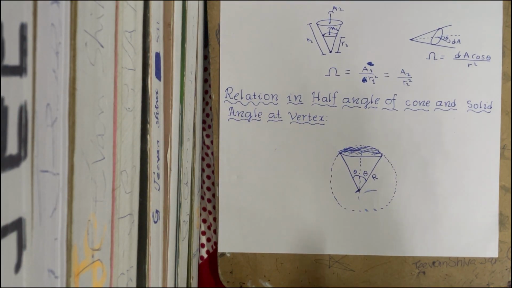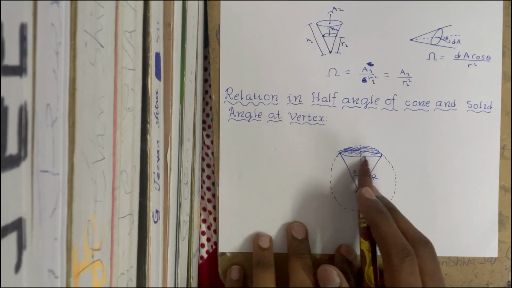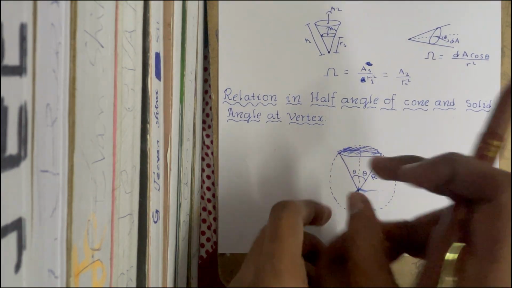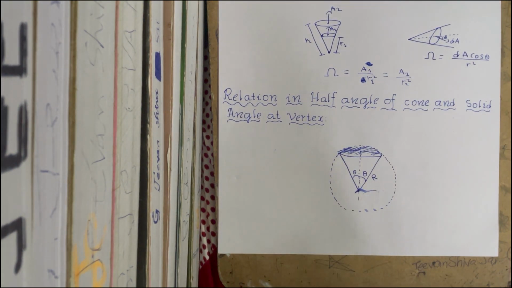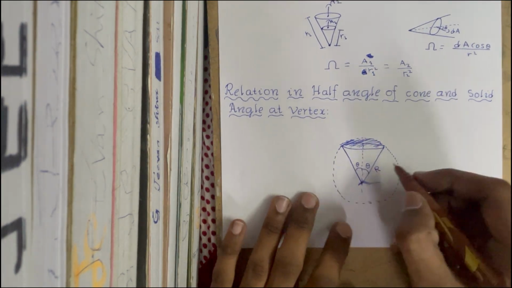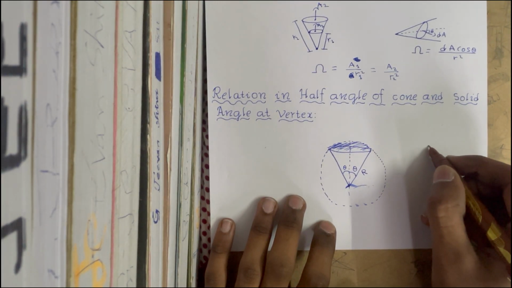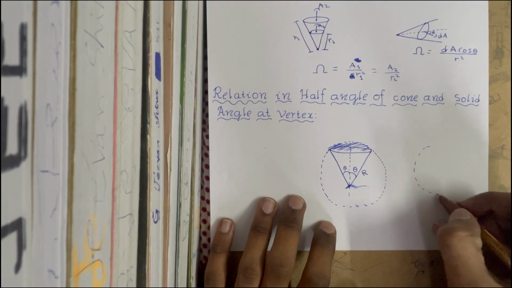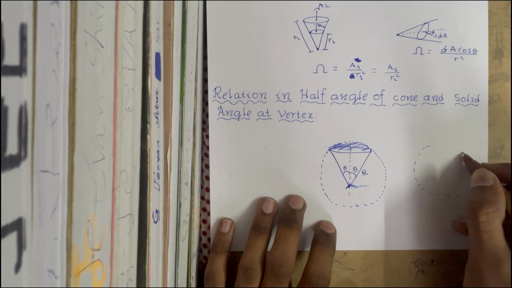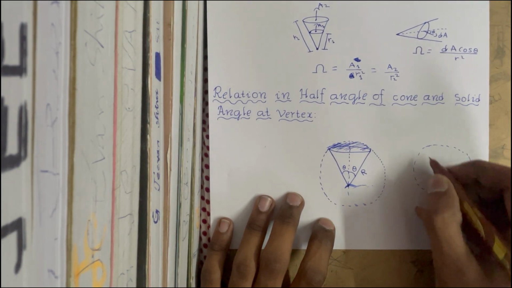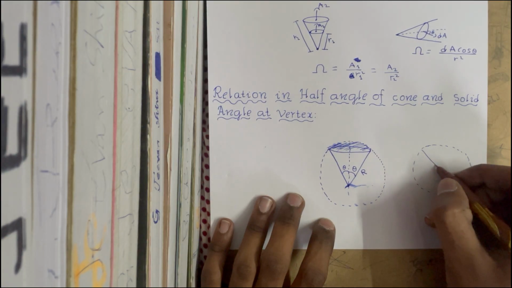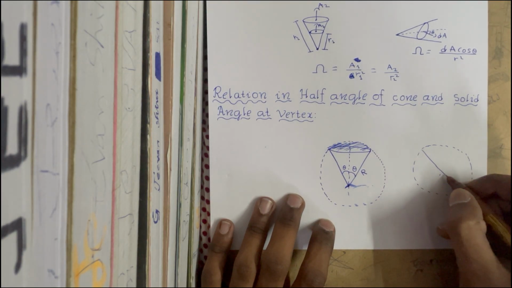We are going to divide this into infinitely small rings and integrate. So let us suppose this is a sphere, and this is our cone. Let us think this is the center.